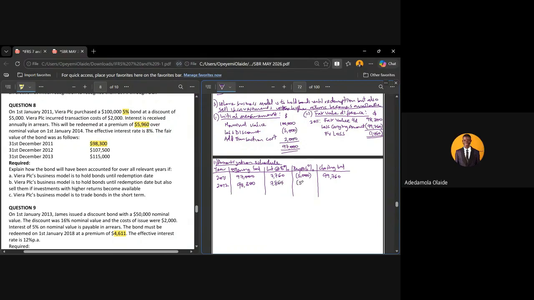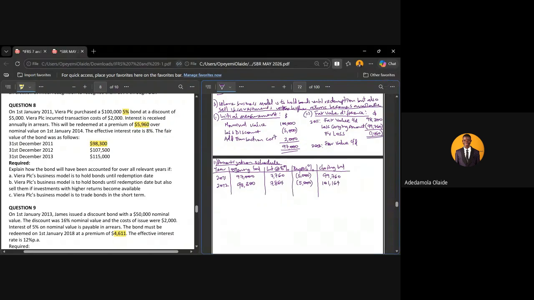So if they pay 5,000, the carrying amount will be 101,164.